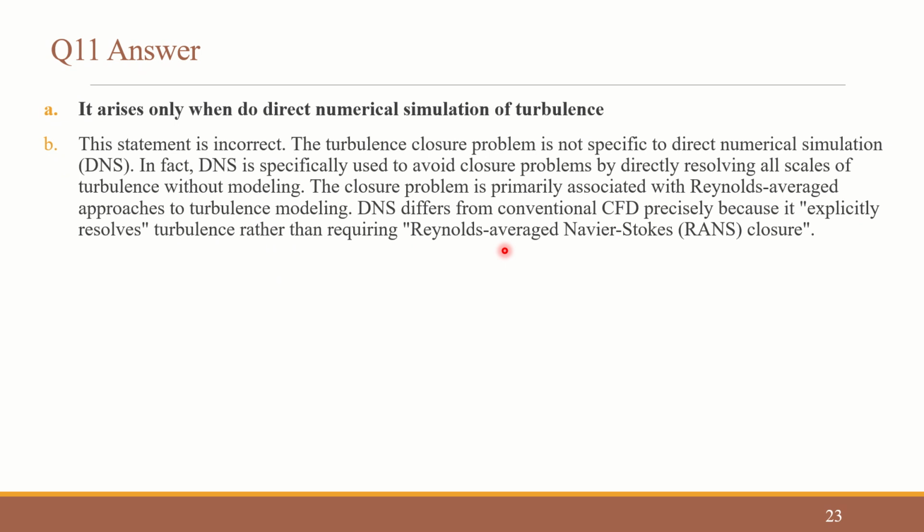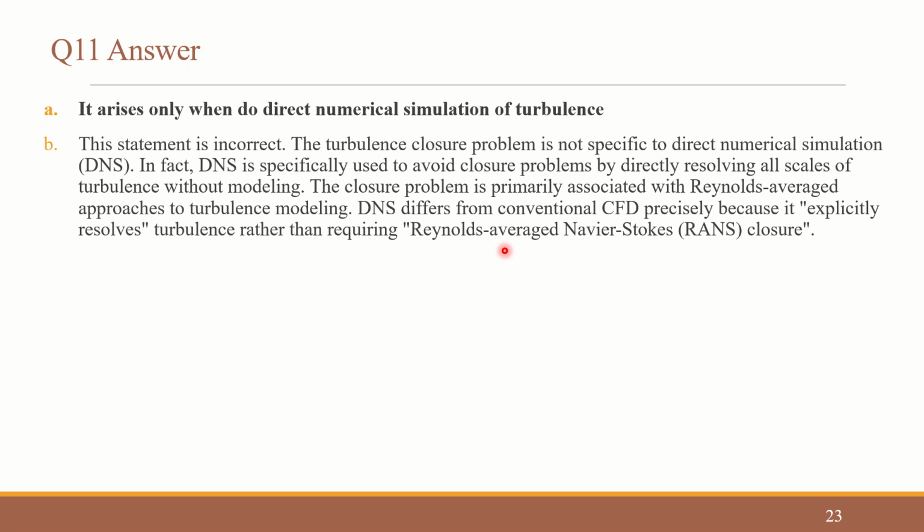So, I hope you are getting it. When we use DNS, we use it to avoid closure problems. We directly resolve all scales of turbulence without modeling. So the closure problem is directly associated with Reynolds averaged Navier-Stokes approaches.